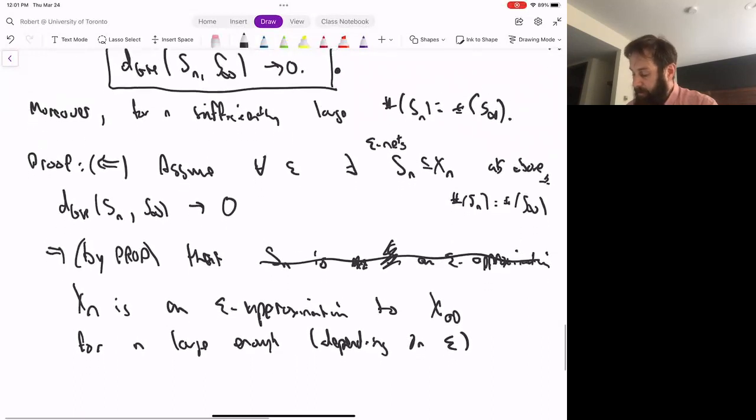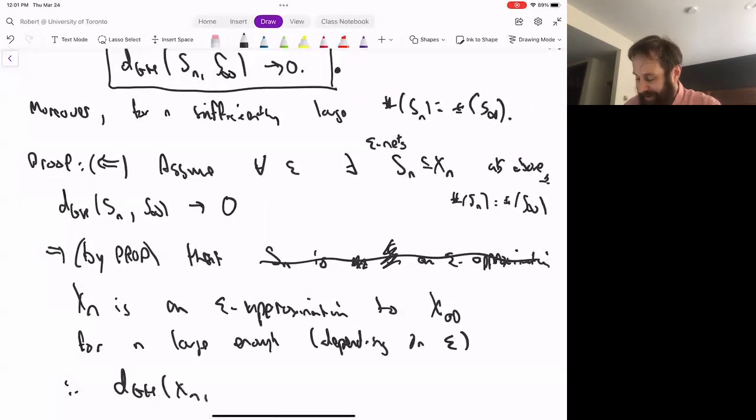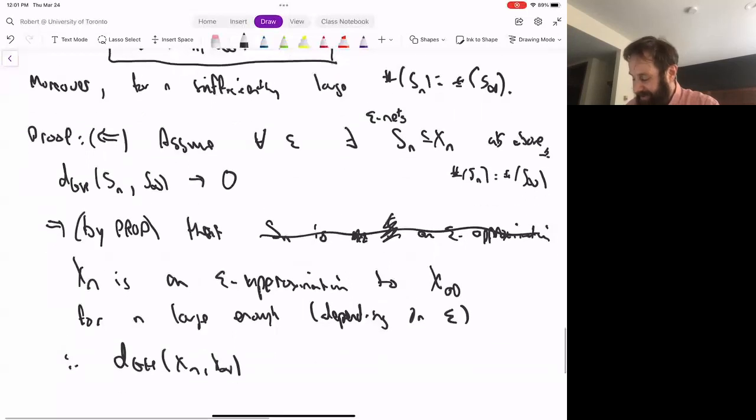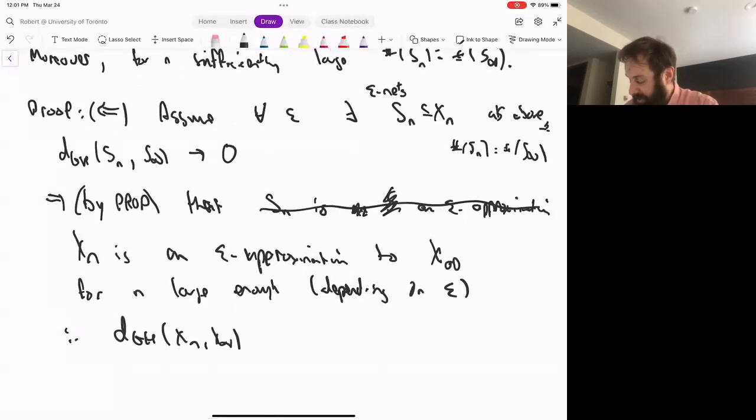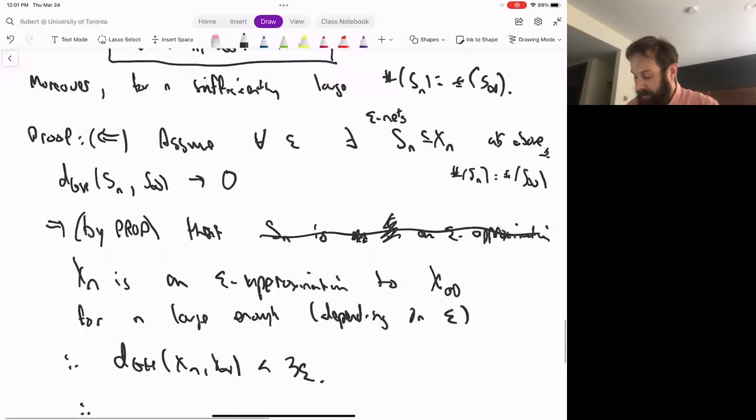And then the previous proposition, using it again, tells me that therefore the Gromov-Hausdorff distance between X_n and X infinity is less than 3 epsilon or something. But epsilon was arbitrary.